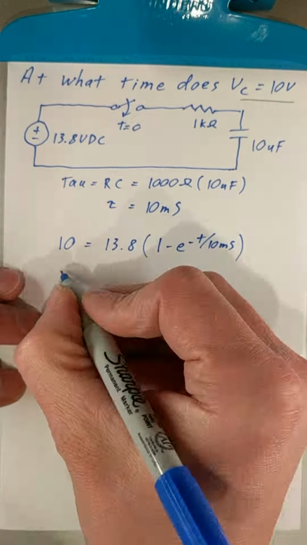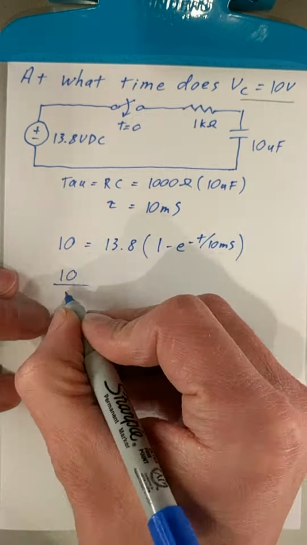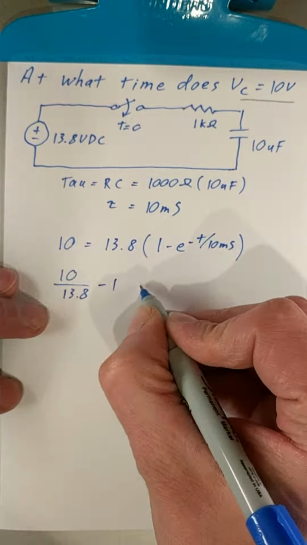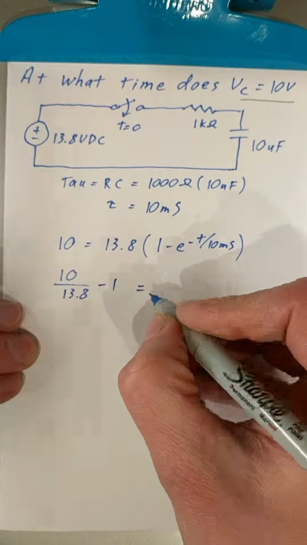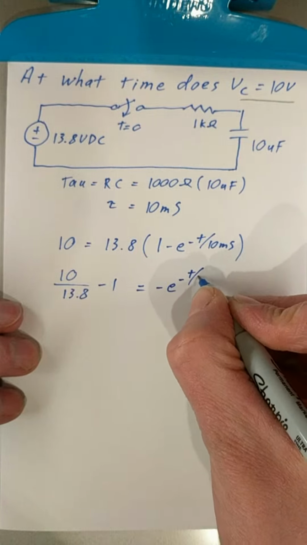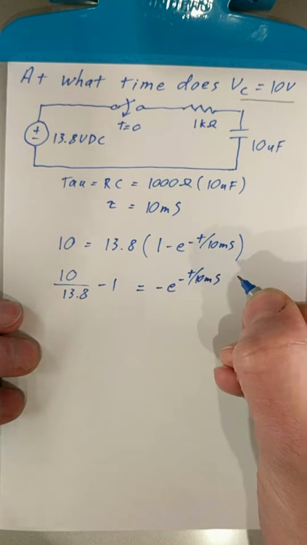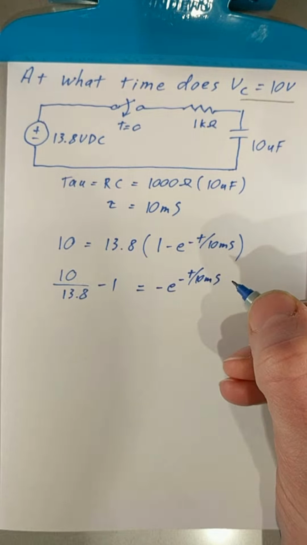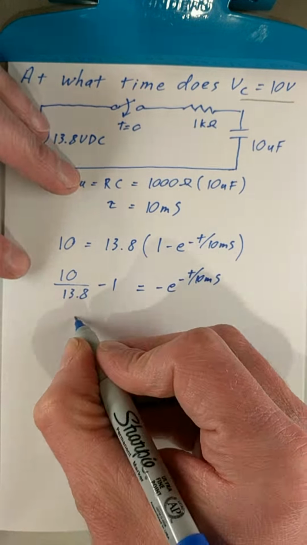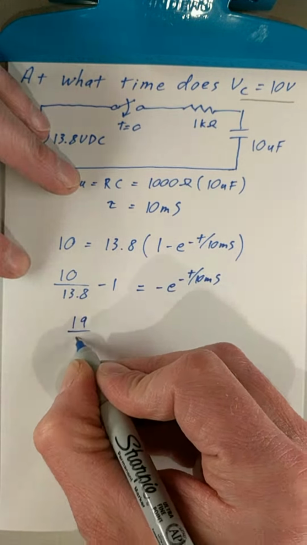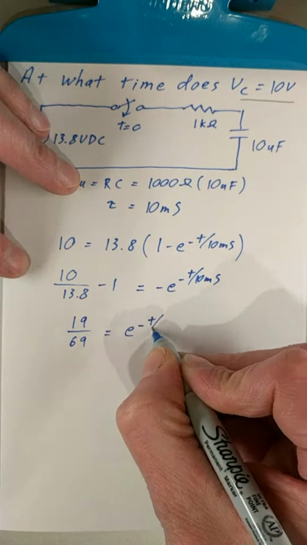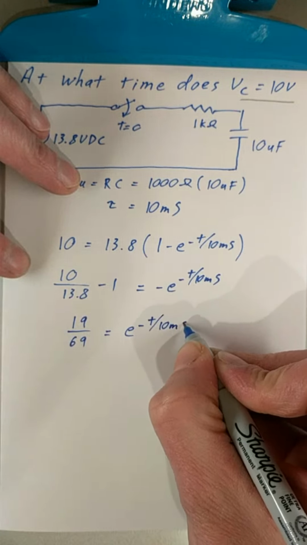If we continue on, we divide both sides by 13.8, and then we subtract 1, and on the right, we're left with negative e raised to the negative t over 10 milliseconds. If we go a little bit further, we end with 19 over 69 is equal to e to the negative t over 10 milliseconds.